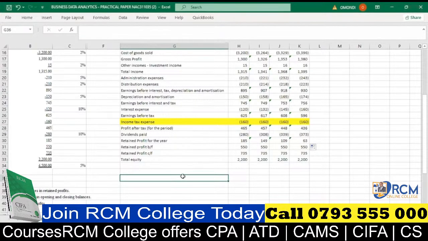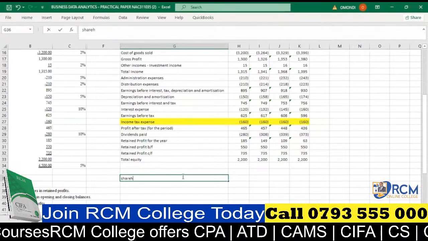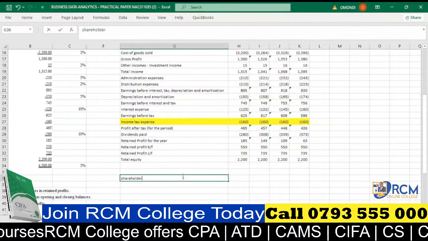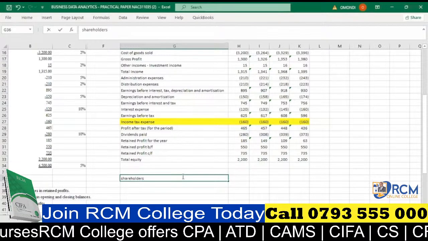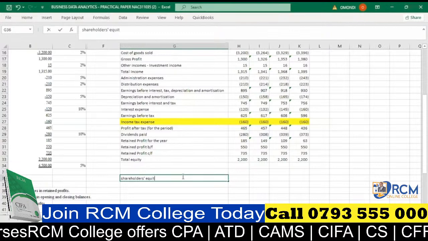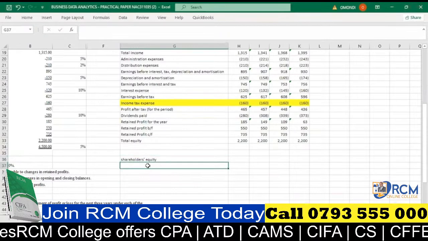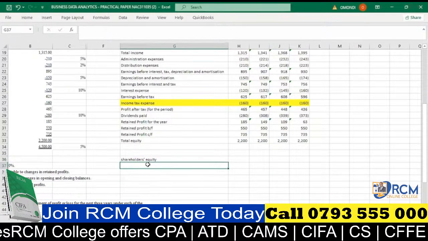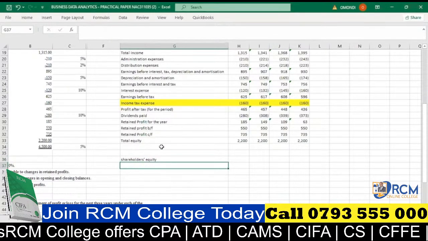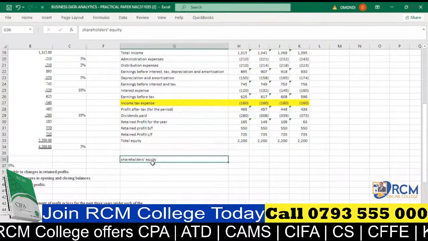In the shareholders equity section, can you mention to me the items that we normally have in the shareholders equity? The total shareholders equity.